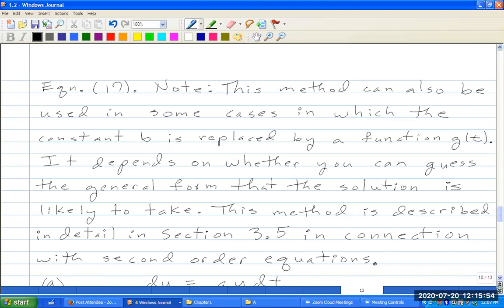This method is described in detail in section 3.5 in connection with second order equations. By the way, sometimes we call it ODE, ordinary differential equation, or a DE, a differential equation, or if in context you know that it's an ordinary differential equation, we just say equation.